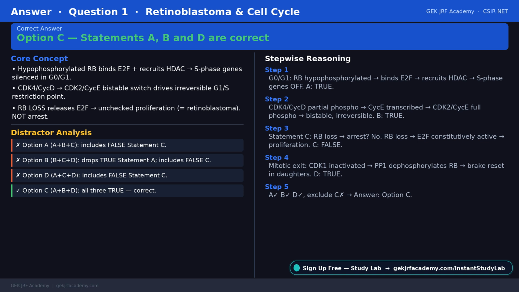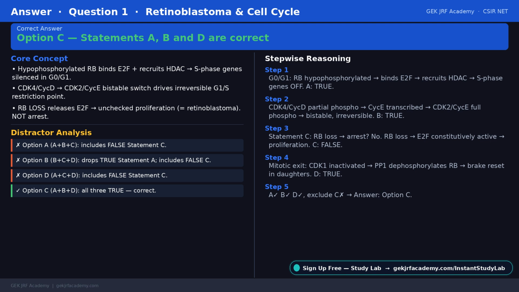At mitotic exit, cyclin B is degraded by APC/C, CDK1 is inactivated, and protein phosphatase 1 dephosphorylates RB, resetting it in daughter cells. Statement D is correct. Now, statement C. RB loss causes arrest.